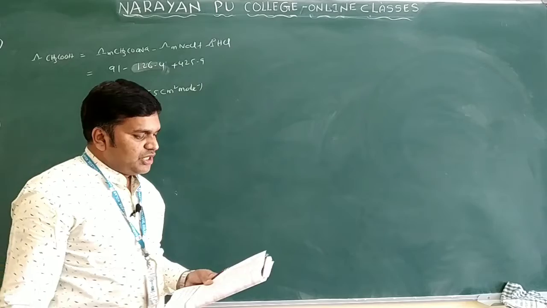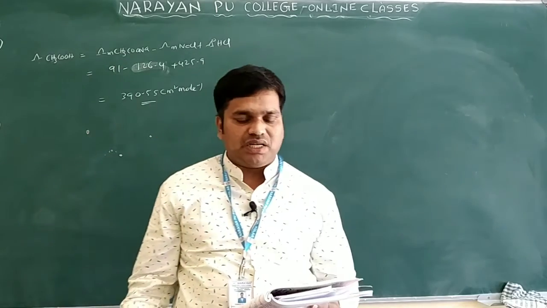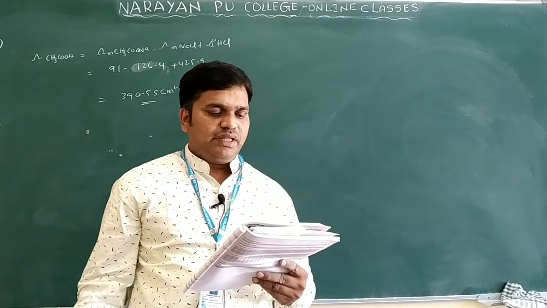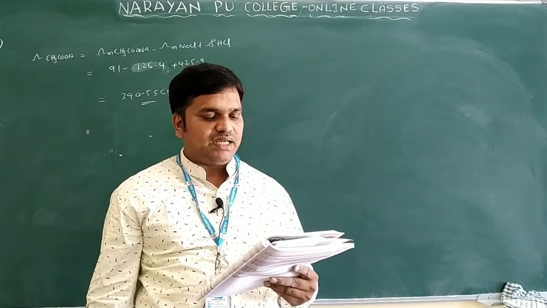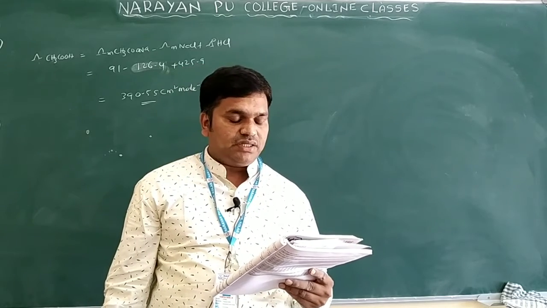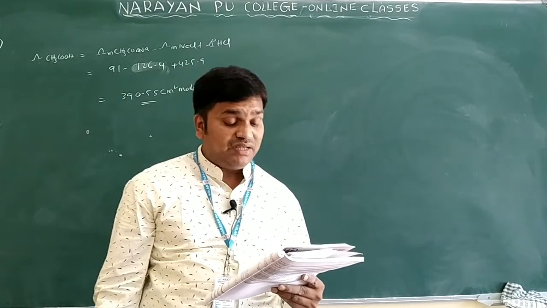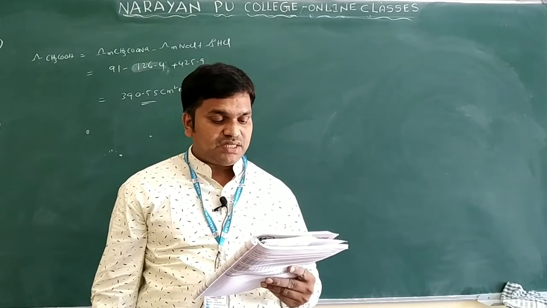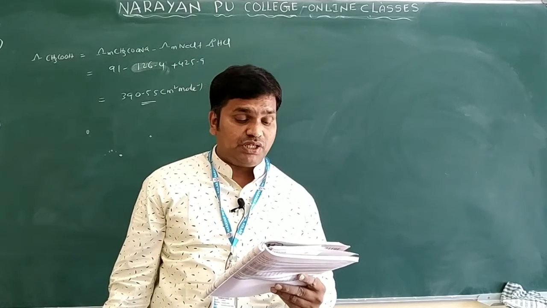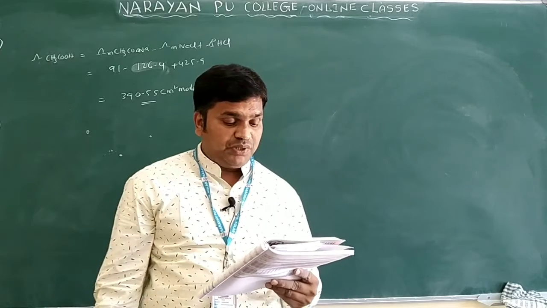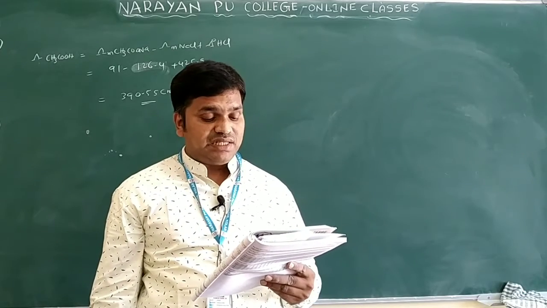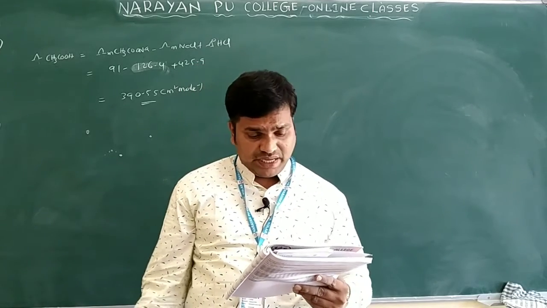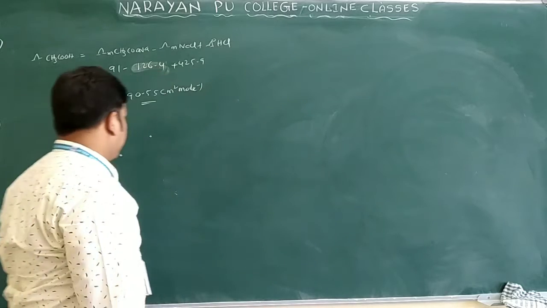Next, question number 11. A button cell is used in watches as a functioning primary cell. The given cell reaction: Zn2+ plus 2 electrons gives Zn solid, E naught given as minus 0.76, and Ag2O plus H2O plus 2 electrons gives 2Ag plus 2OH minus, E naught given as 0.34 volts. They are asking the cell potential. What is cell potential?